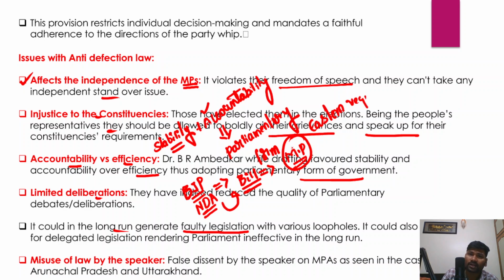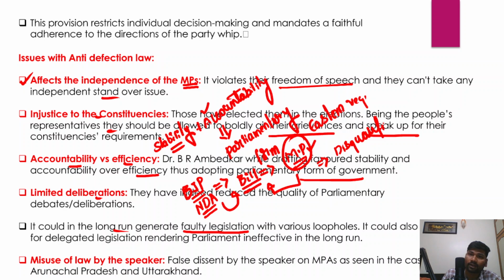There are certain contentious provisions within the bill which may not be acceptable for the people living in the eastern part of India. So now if the MP opposes the bill in the house, he will be disqualified under the anti-defection law, right?